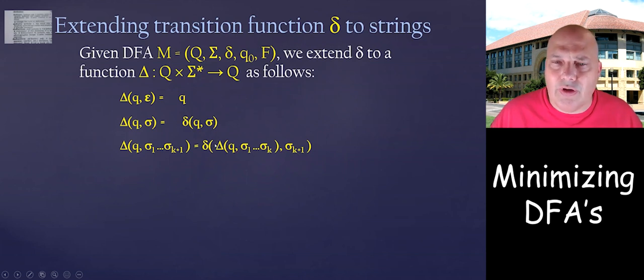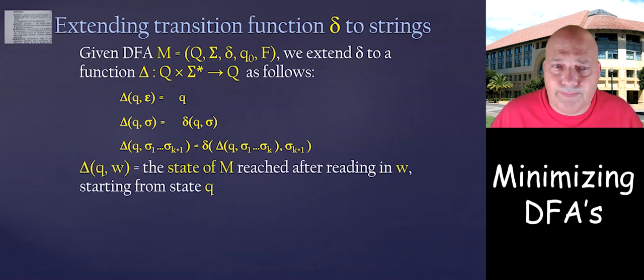So recursively, this is defined to tell you which state you reach from Q when reading sigma 1 up to sigma k. And small delta, the transition function, will tell you what's the state you reach when you also read sigma k plus 1. So that's going to be a useful definition, but what it does is pretty natural.